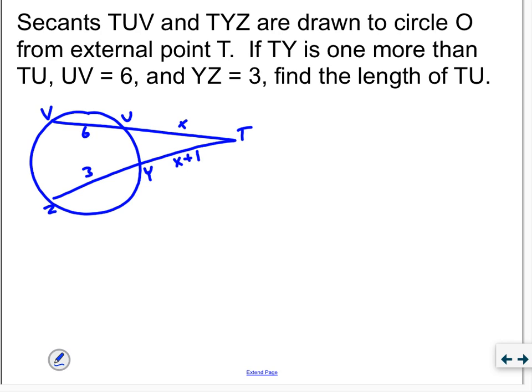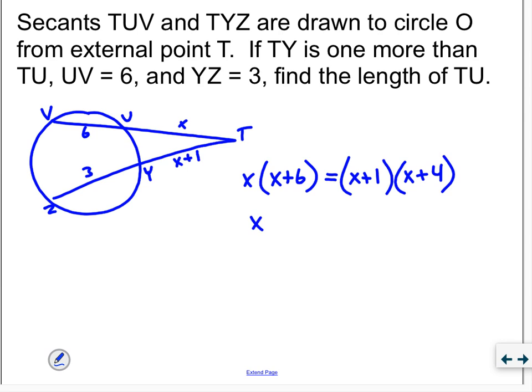Let's write our equation. The whole secant times the outside piece. Uh-oh, you see a quadratic equation coming? Equals the whole secant. So if I add together x plus 1 and 3, I get x plus 4 times the outside part. Okay, let's solve that equation.